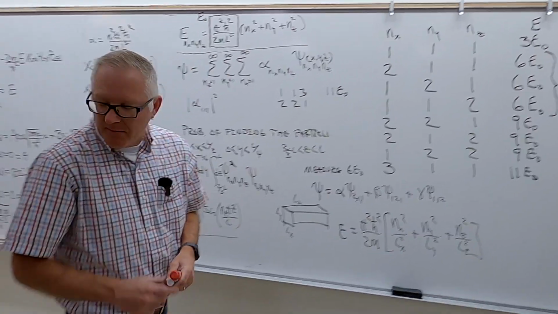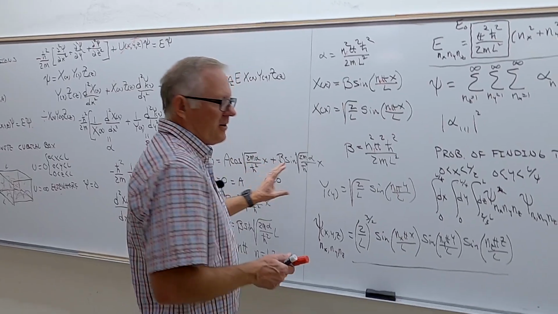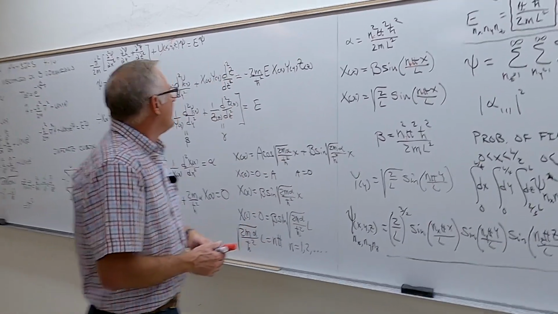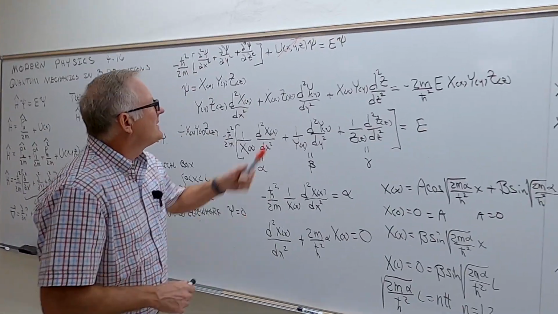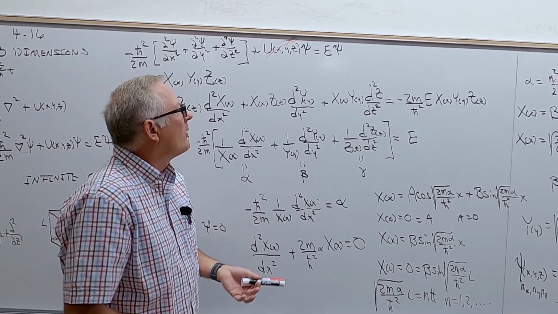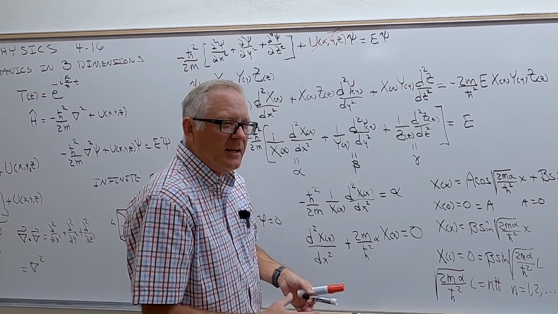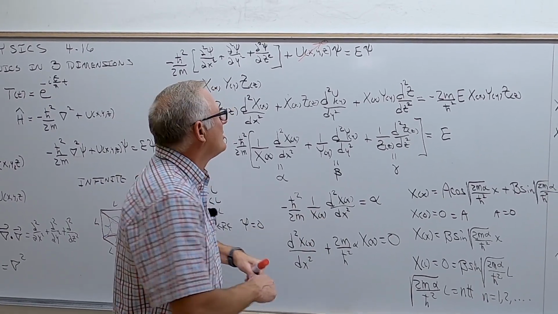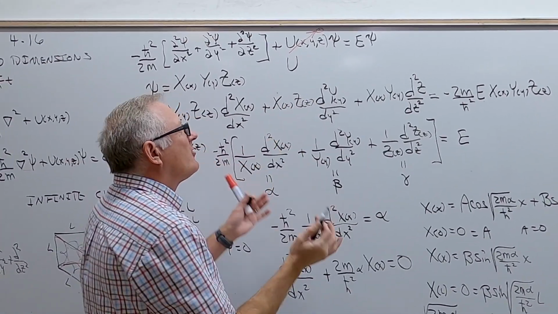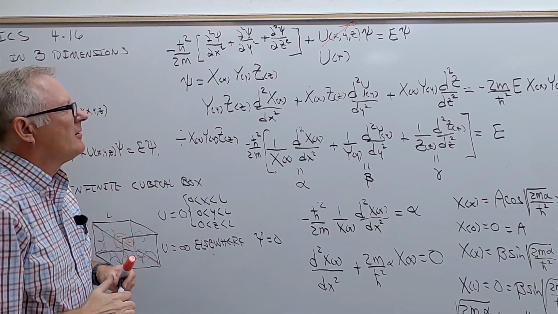Okay, so the only problem with all this is most things in nature aren't cubical. Most things in nature are spherical. Most potentials you'd hate to put in rectangular coordinates, because most of them just depend on the radius, like gravity or the electric potential. Whenever you have a sphere, U is just going to be a function of r.